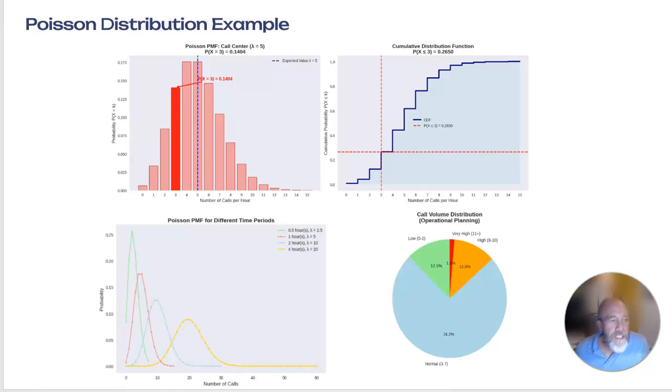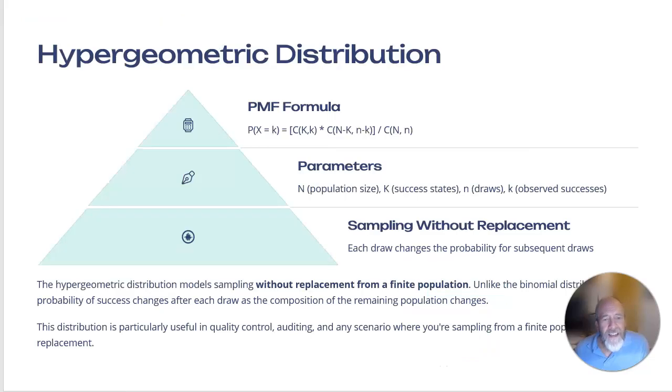And that's the Poisson. All right, the next one, the good old hypergeometric distribution. Now, in the binomial distribution, each of those events was completely independent of the other events. You flip the coin, one coin flip does not affect the next coin flip. But in a hypergeometric distribution, you sample without replacement from a finite population.